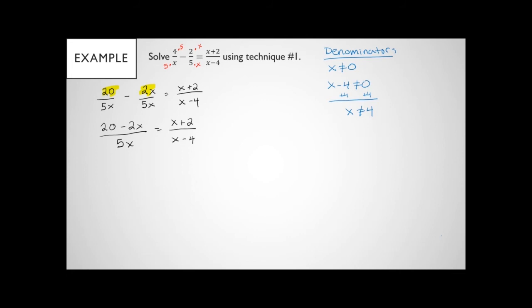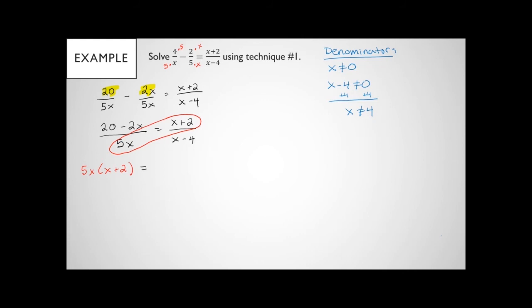So I have a fraction equals a fraction, so now I can do the cross multiplication part. I'm going to multiply the 5x by the x plus 2. So I'm going to just write that down. And x plus 2 has to be in parentheses because it's the whole thing.